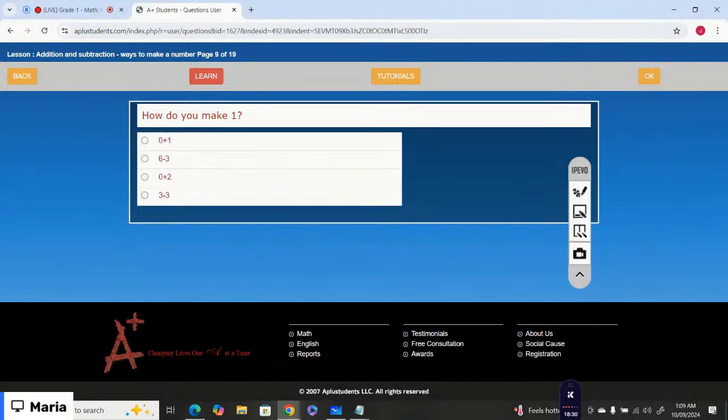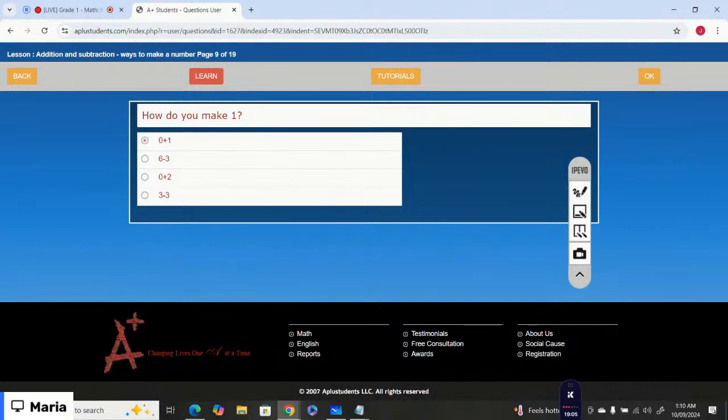How do you make 1? Which is the correct option? The correct option is 0 plus 1.